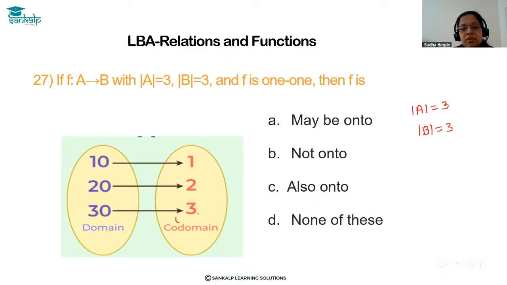Check in this. 3 is mapped, 2 is also mapped, 1 is also mapped. So there is no element which does not have a pre-image. Therefore, if there are no elements left out in the codomain, then it must be onto. So f is also onto. So option C is the correct answer. Got it right?